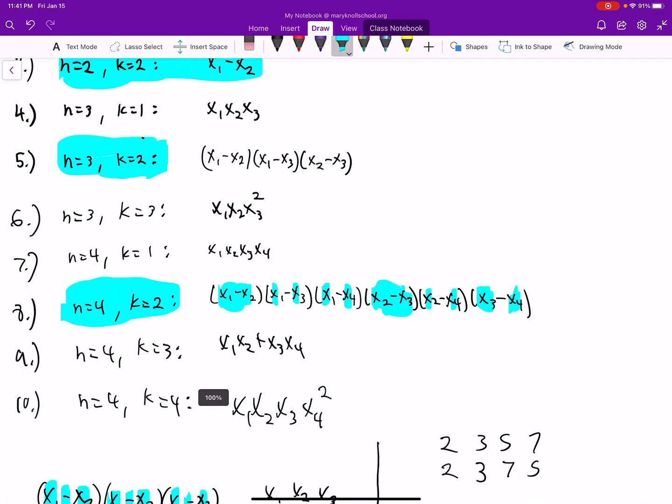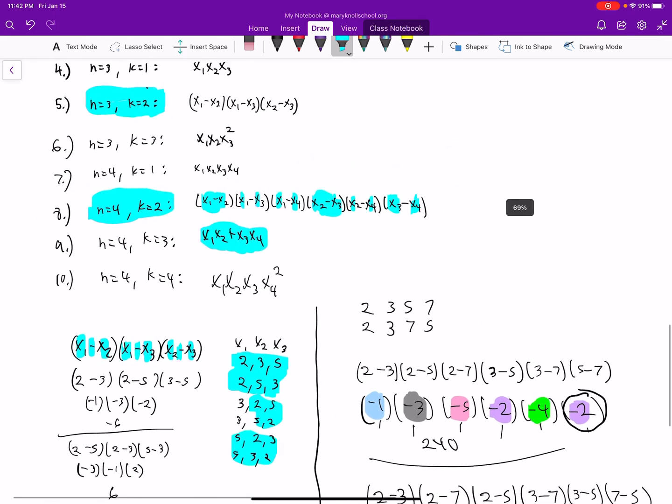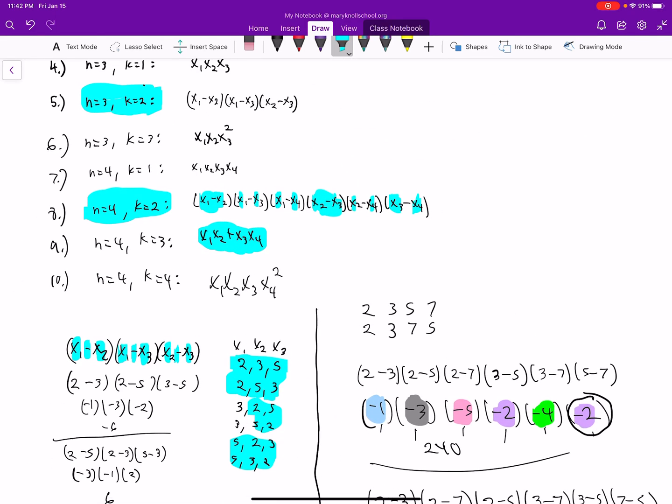Oh, and I think another one is kind of interesting too. This one right here. Check this one out yourself. When you plug everything in, you'll find that you end up with 3, which is kind of interesting too. If you just do those prime numbers, you can check it. You'll see the nature of it. Well, okay, we'll do it right now. So 2357, 2375, we'll use those.